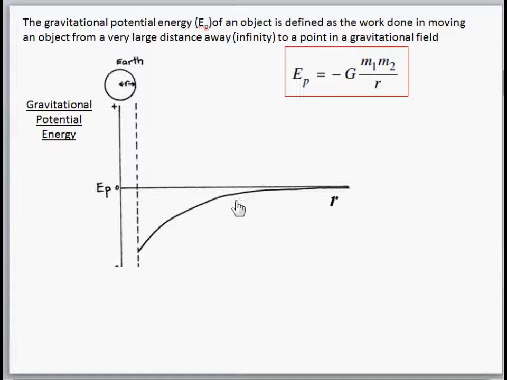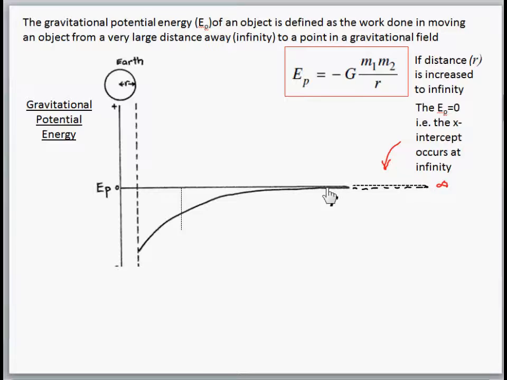M2 would be the object possessing the gravitational potential energy, and R is the distance from the centre of the Earth or the planet to where the object is. Right, so that's that equation outlined. You've got the negative sign here as well. This negative sign we'll talk about in a second.